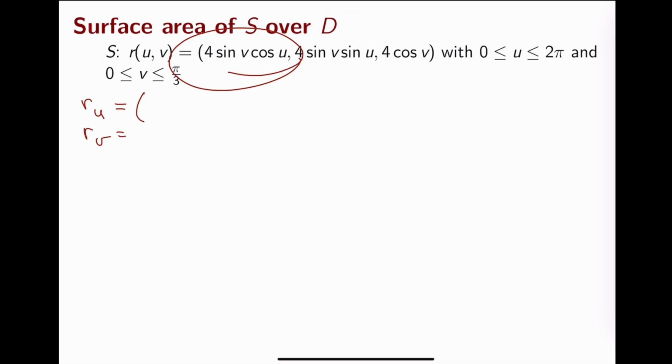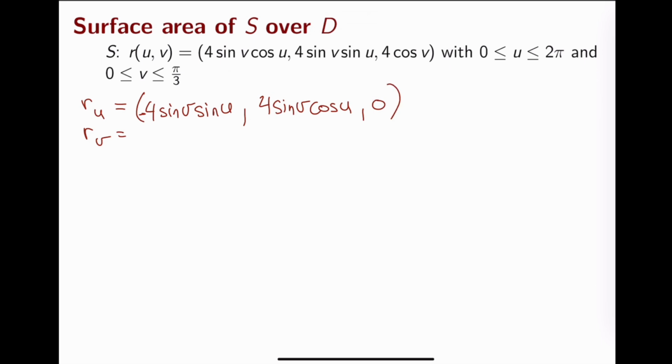In this case, the derivative of this with respect to u, 4 sine v is a constant, out, times the derivative of cosine of u, that will be minus sine u, comma, the derivative here with respect to u will be 4 sine v, that is a constant, out, times the derivative of sine of u, which is cosine of u. And the derivative of this with respect to u is 0, since there is no u there.